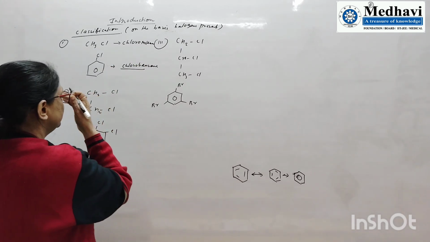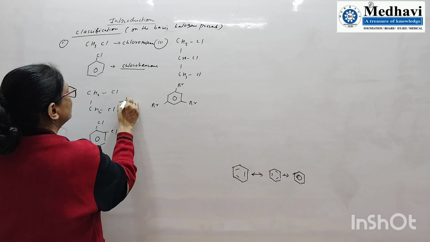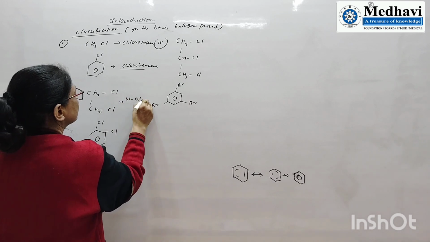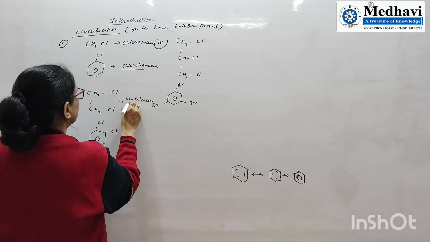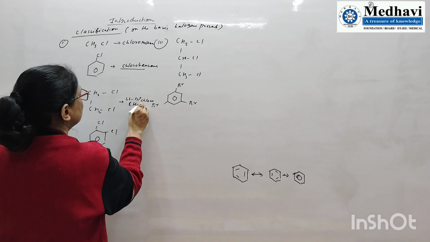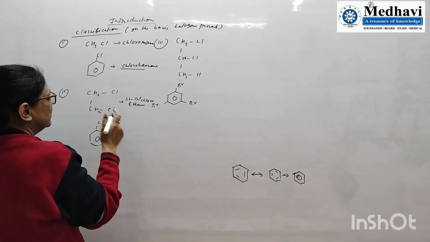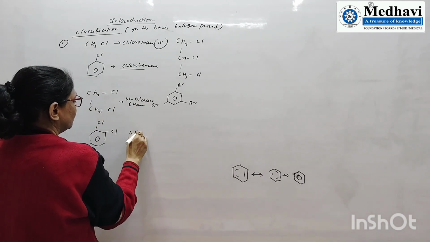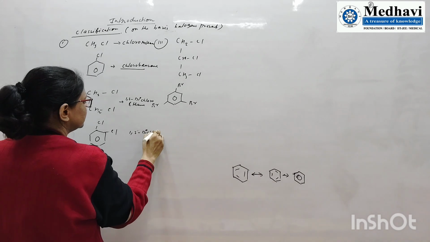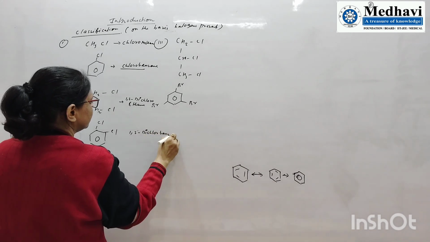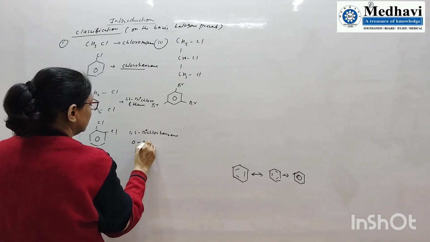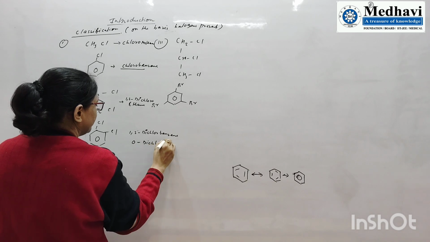Here chlorobenzene. This is 1,2-dichloroethane. Sorry, 2 carbons are there. This is 1,2-dichlorobenzene or ortho-dichlorobenzene.